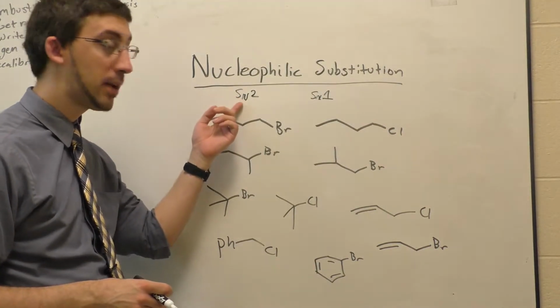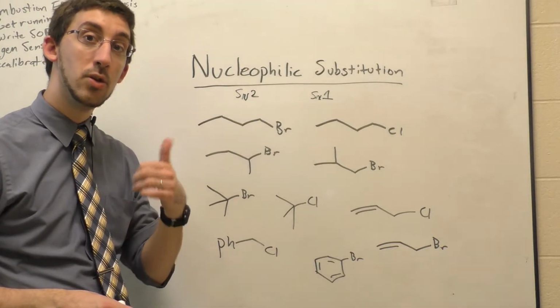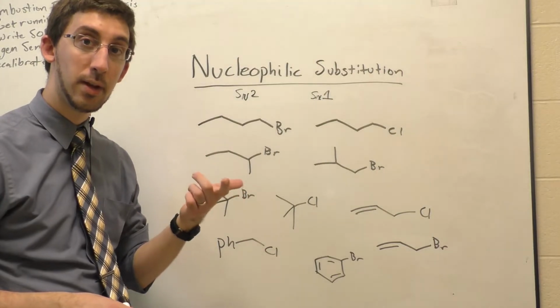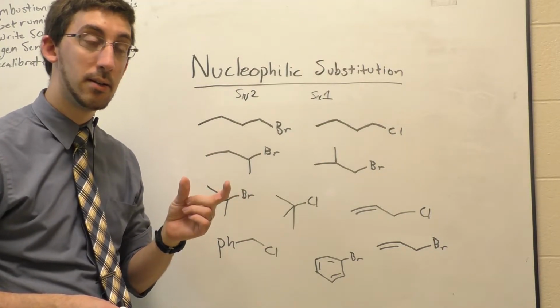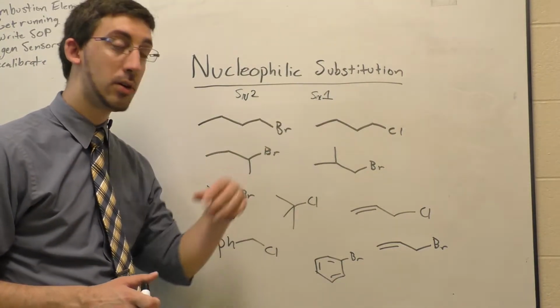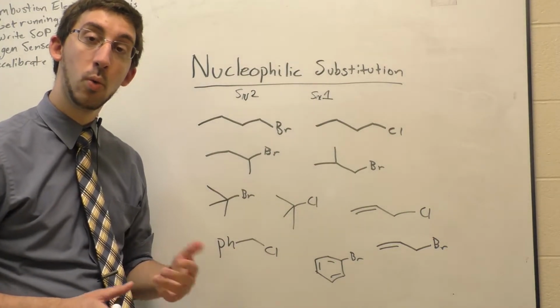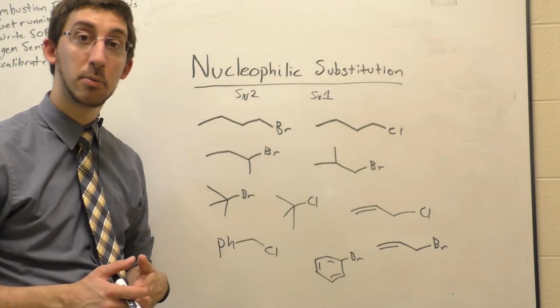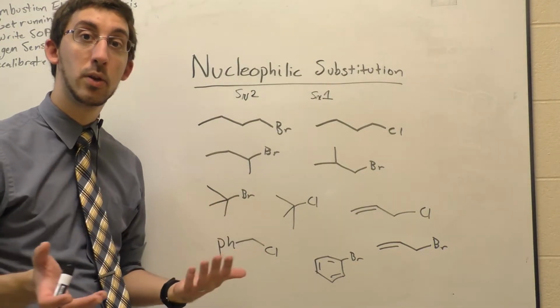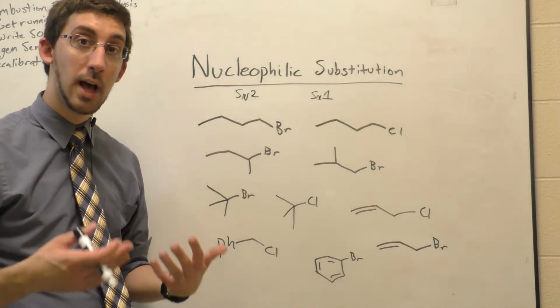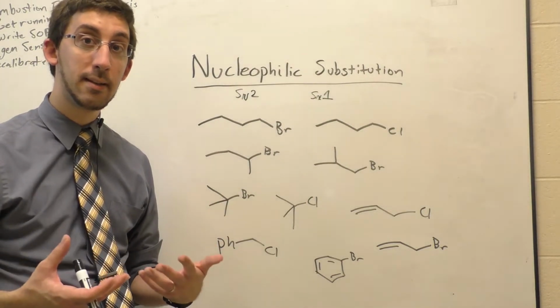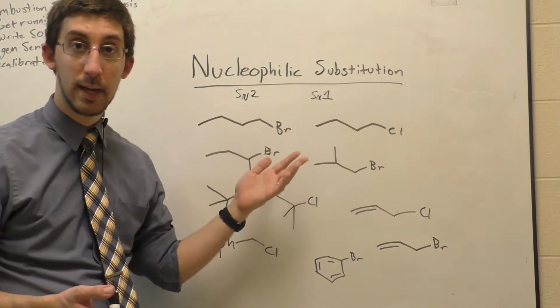So a bimolecular reaction involves both the nucleophile and the substrate in the rate law, whereas unimolecular substitution, the rate depends only on the substrate concentration and not on the nucleophile. Now, there's a lot of factors that affect the rate of an SN2 or an SN1 reaction.